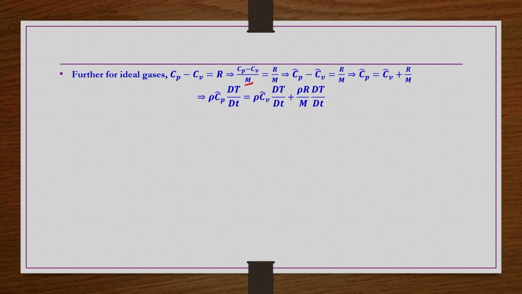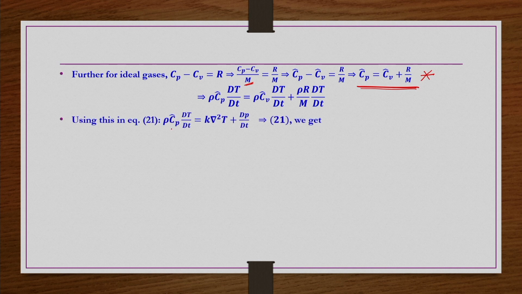Making use of this relation, we can write rho Cp tilde capital DT by Dt is equal to rho Cv tilde capital DT by Dt plus rho R by m capital DT by Dt. That is nothing but this equation multiplied by rho and by capital DT by Dt on both sides.